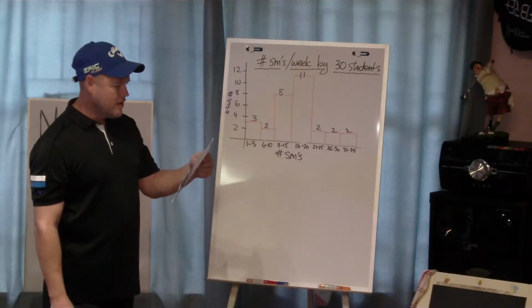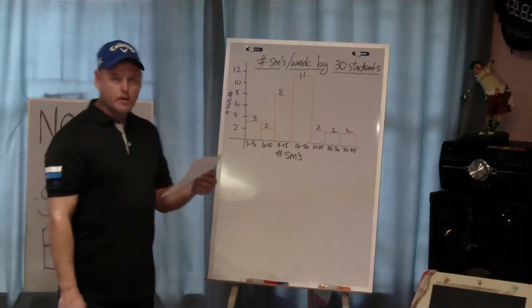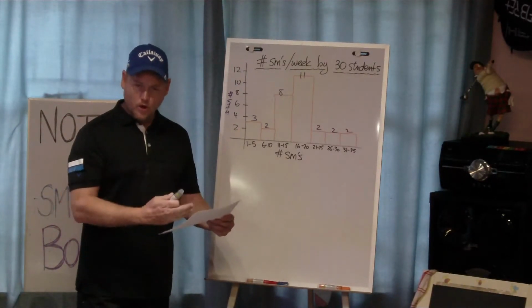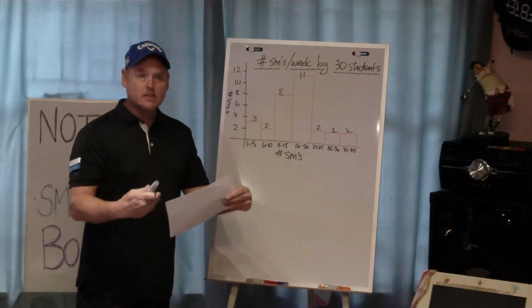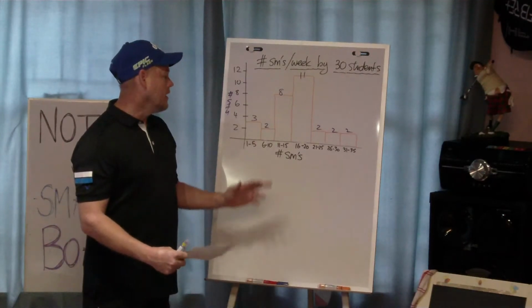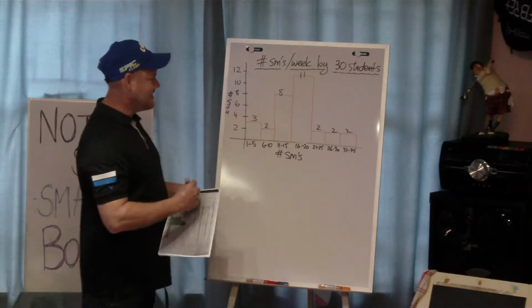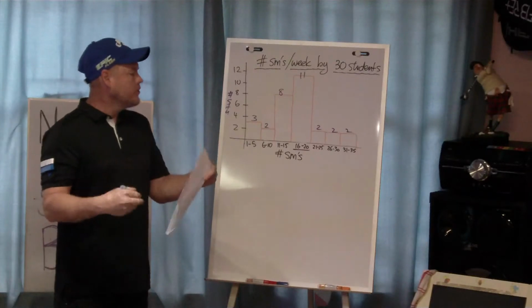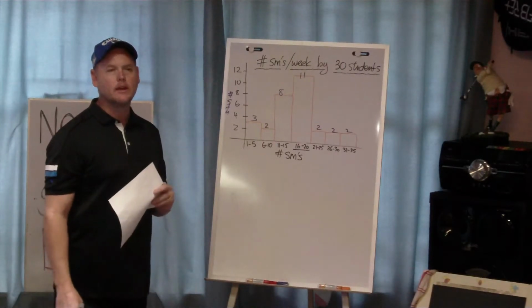State the modal interval and estimate the modal value. Mode is the number that occurs the most. In this example, it will be the number of SMSs per week that occurs the most. And it's definitely this high bar here, the 16 to 20 interval. That's the most common number of SMSs sent per week.